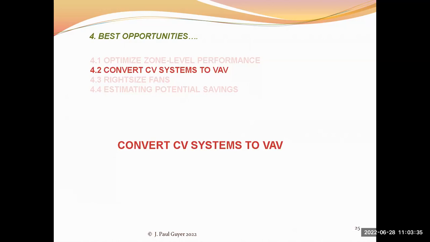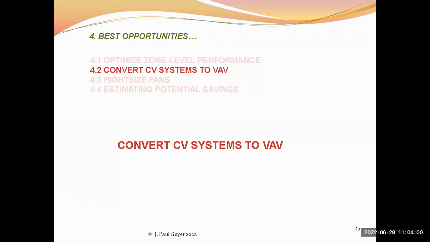The conversion of an older constant volume reheat multi-zone or dual duct system to a variable air volume system is a task to be undertaken only with serious consideration and expert analysis.